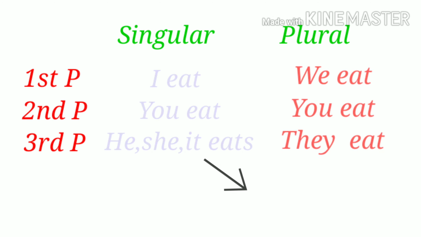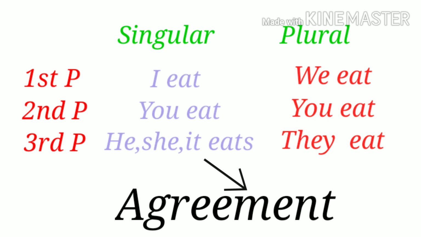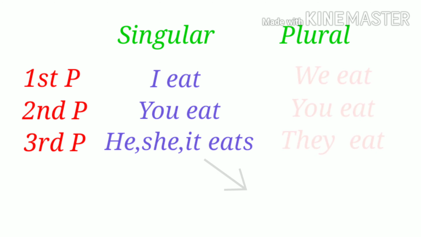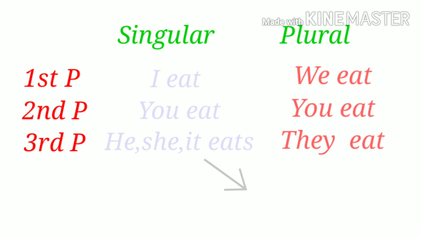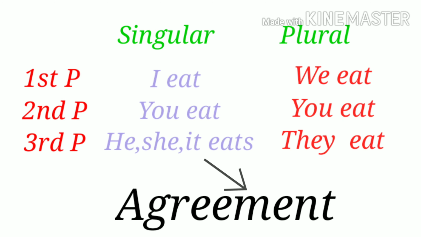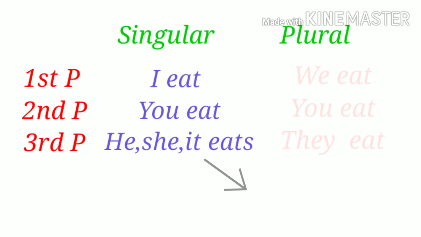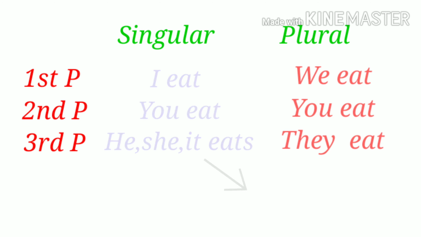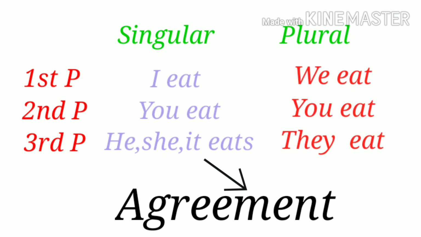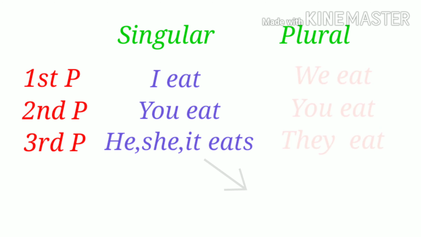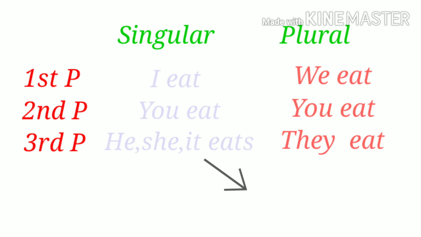That is, you is the subject and eat is the verb. In the second person plural number also it will be you eat. In a third person singular number, if we apply the verb eat, then let us see how it will be used. He eats, she eats, and it eats. But in the third person plural number, it will be they eat.